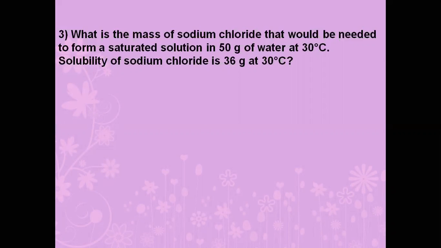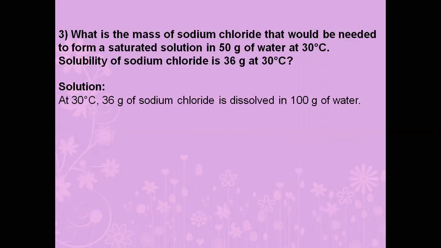So the formula is solubility of the solute equal to mass of the solute divided by mass of the solvent into 100. So solubility of the solute equal to 36, mass of the solute we don't know, divided by mass of the solvent 50 into 100. Given in the question, at 30 degrees Celsius, 36 gram of sodium chloride is dissolved in 100 gram of water.